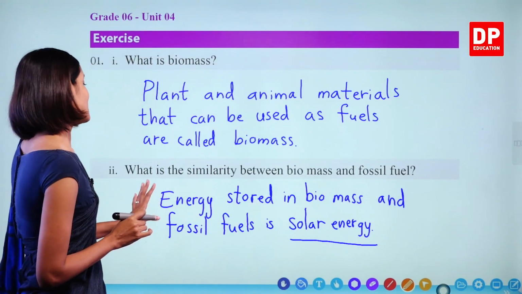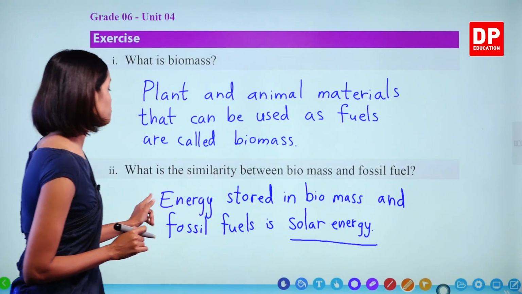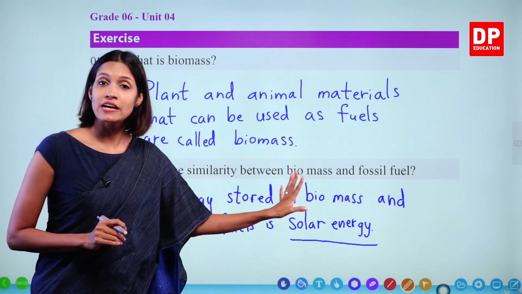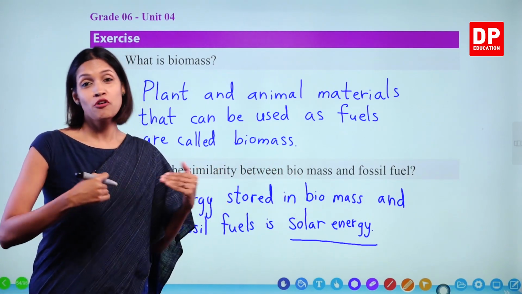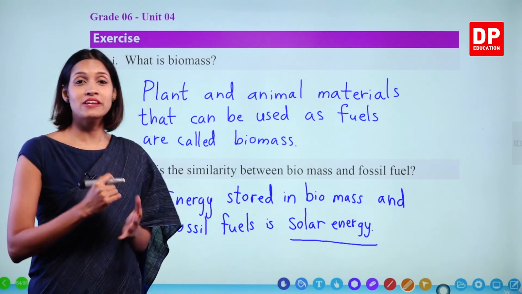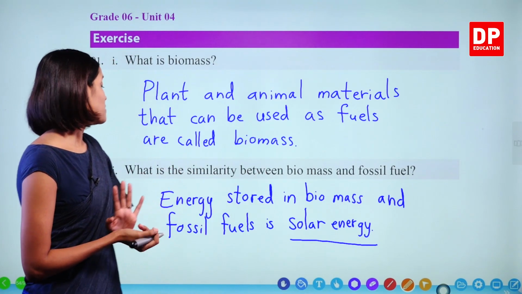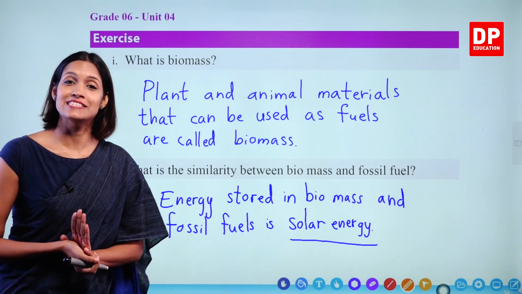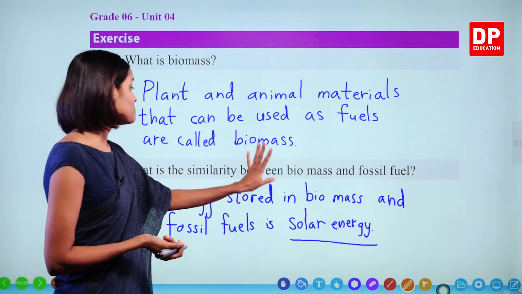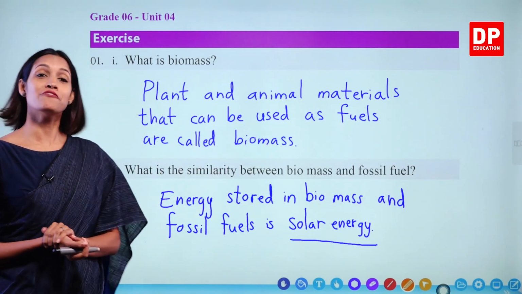Okay, children? Energy stored in biomass and fossil fuels is solar energy, or the basic type of energy, the primary type of energy stored in biomass and fossil fuels is solar energy. That is the similarity between biomass and fossil fuels.